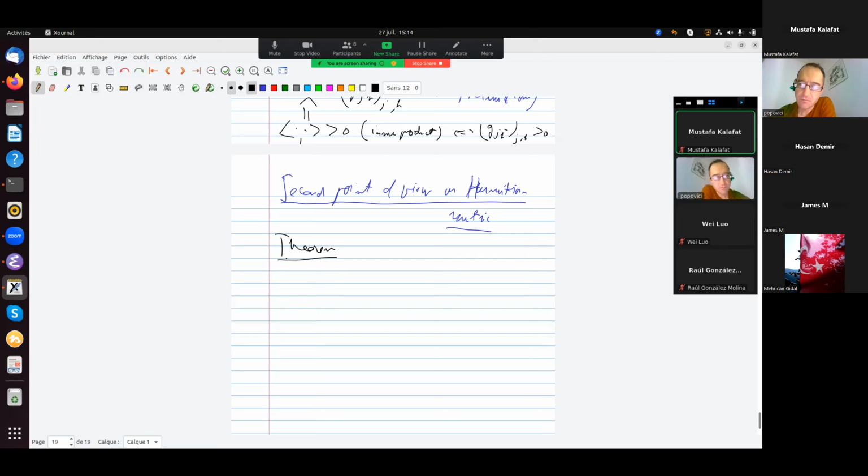Theorem. There is an isomorphism. Let's write it in this way. The following map is bijective.